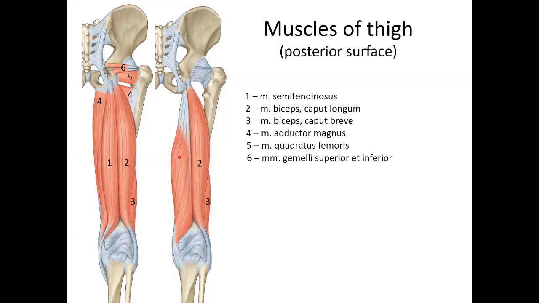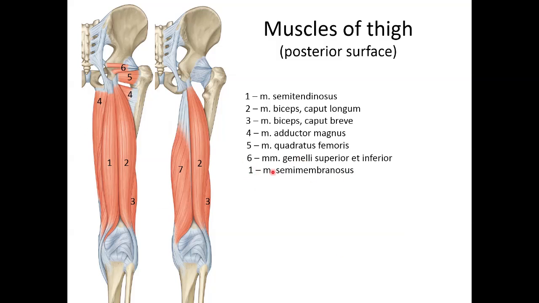And that's why, deeper than it, we can find muscle number 7. Here it is. What is it? Next layer under musculus semitendinosus. It's musculus semimembranosus. Number 1, it's a mistake.